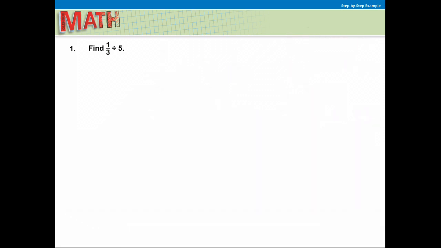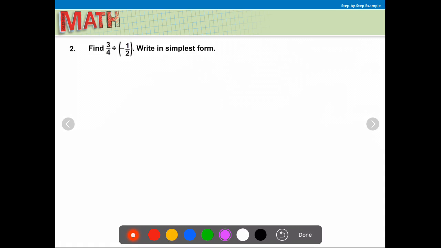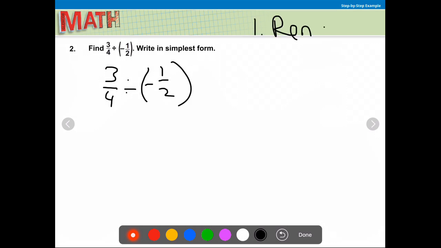Let's try it again a different way here. This time it's going to have a negative number. So I'm going to write 3/4 divided by -1/2. My step 1 is to rename, but these are all fractions, so I don't have to rename.